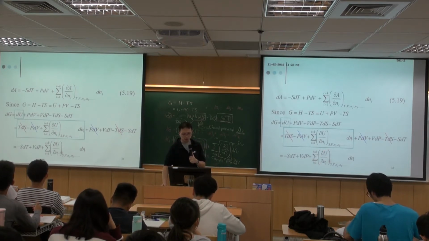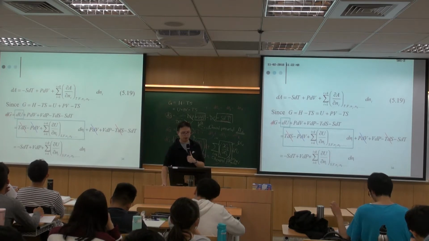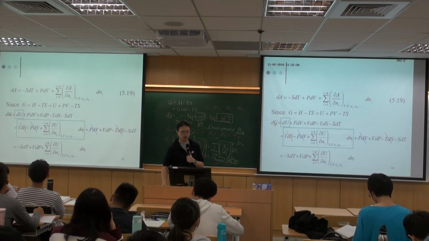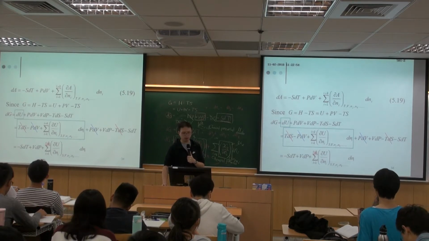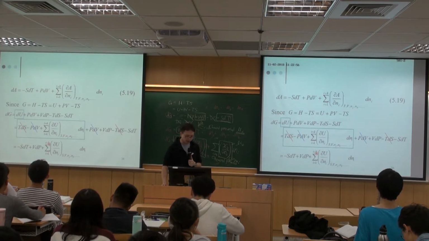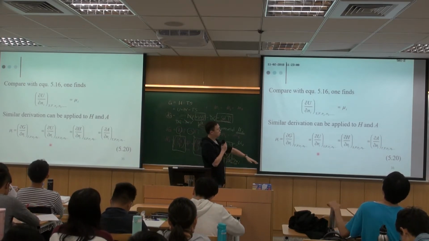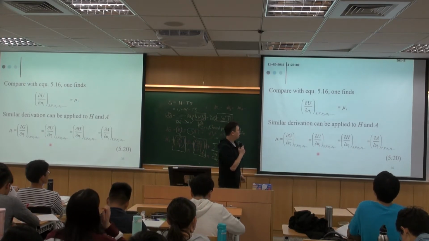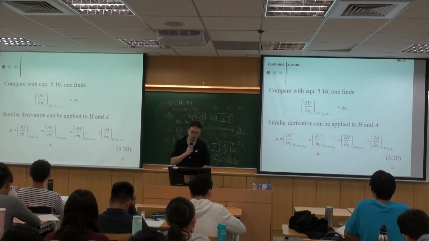For instance, here is partial U, partial Ni. But we know that if we directly start from dG, or partial G, partial N, this will be partial G, partial N. So it means that all these four should be the same, and they are all chemical potential defined as mu i. Okay?